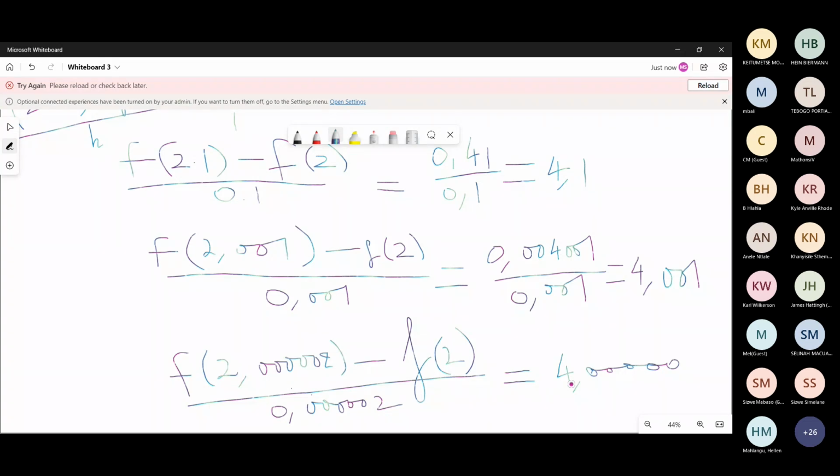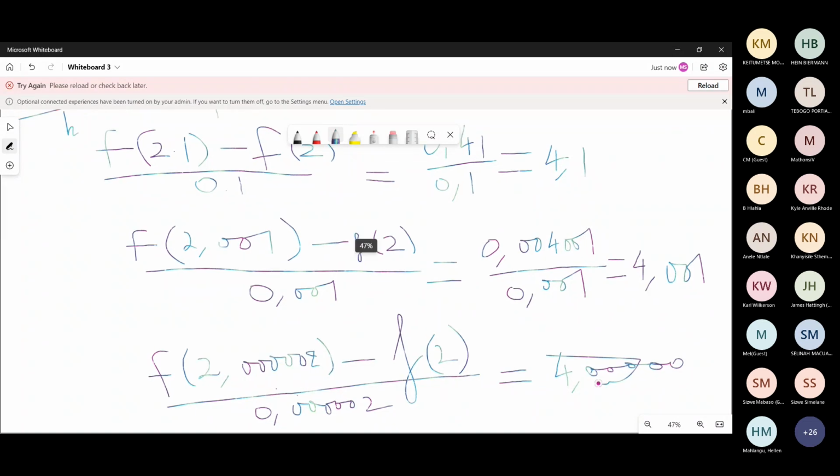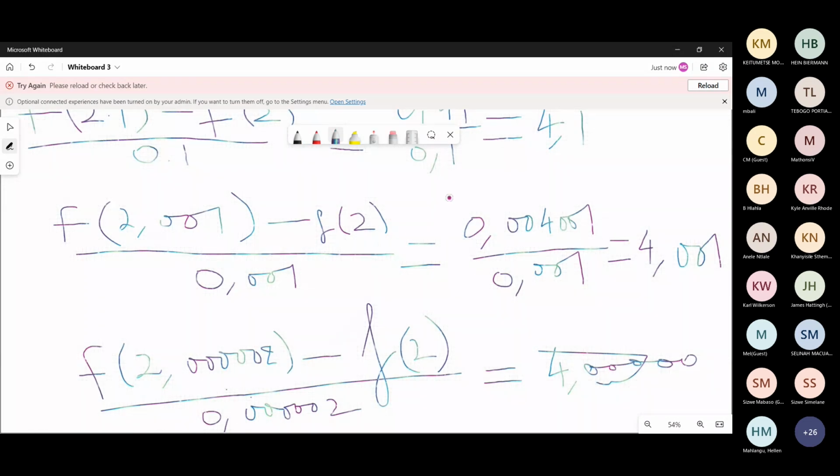Do you agree? Please do the calculation if you want. I'm answering a question asked by one of your colleagues. So here we have a number which is very close to 4. Now you can see why at the limit, that's what we said.